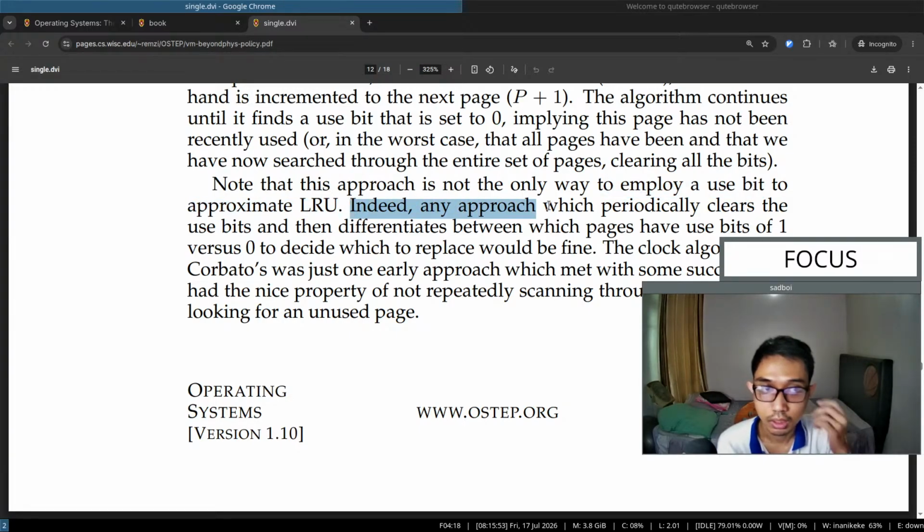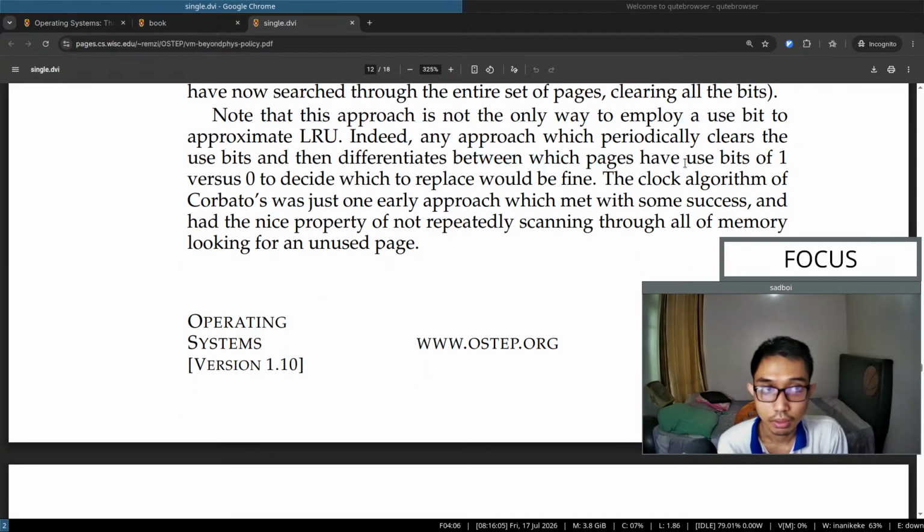Indeed, any approach which periodically clears the use bit and then differentiates between which pages have use bits of 1 versus 0 to decide which to replace would be fine.